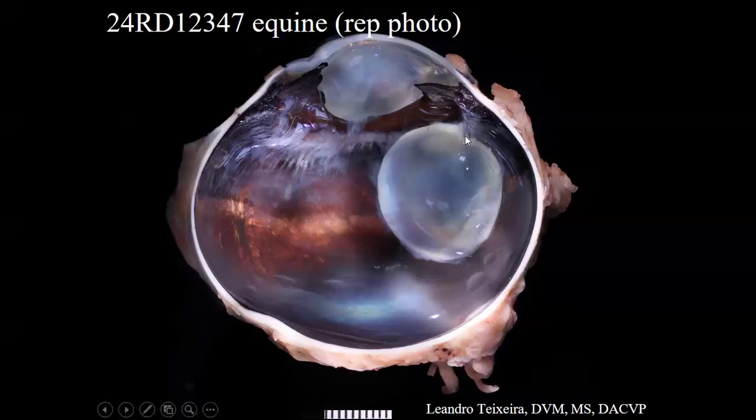That said, the cool thing about this one is that since the lens is to the side, you can see on the surface of the ciliary body a carpet of white material. And on the surface of the ciliary body, here's the tapetum right there, since we're talking about tapetum.